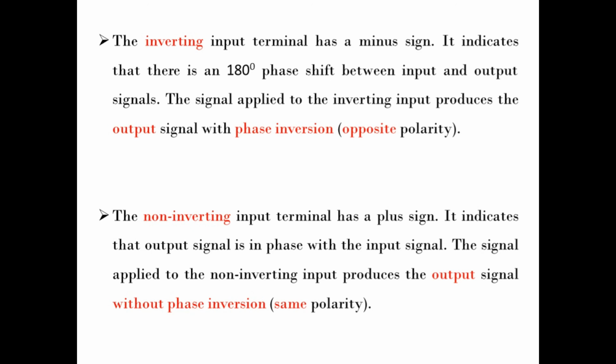The output signal will have the same polarity as the input signal. If you apply a positive signal, you will get a positive output. If you apply a negative signal, you will obtain a negative output.